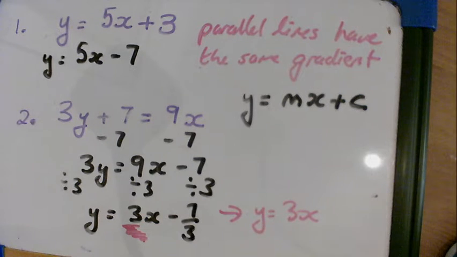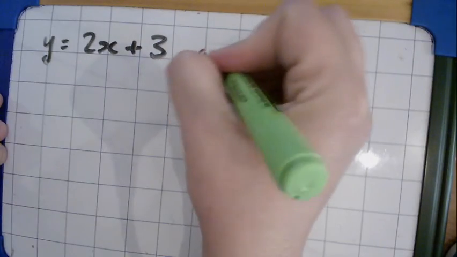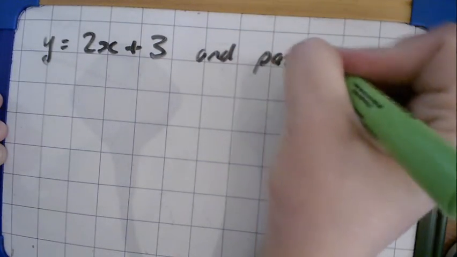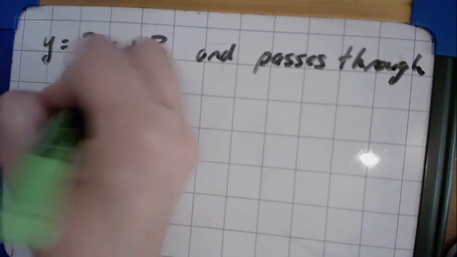So let's look at an example where we use that fact. You could be asked to write down the equation of a line that is parallel to y equals 2x plus 3 and passes through a point. And let's make that point 1, 4.